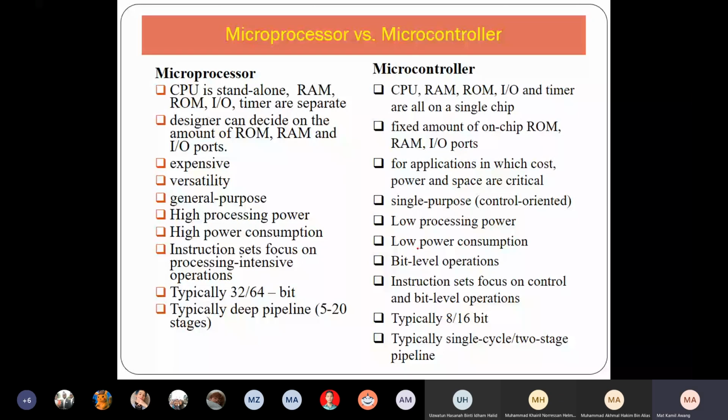And microprocessor has an instruction set focused on processing-intensive operations. Basically you want to do number crunching, parallel processing and whatnot. Heavy mathematical calculation, so it's a microprocessor. Whereas for a microcontroller, it's bit-level operation, which is the lowest level of operation, ones and zeros, on and off.